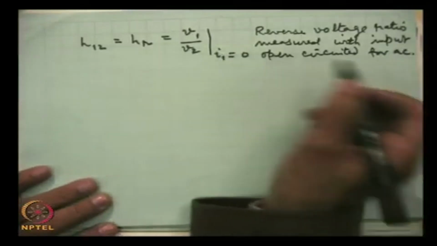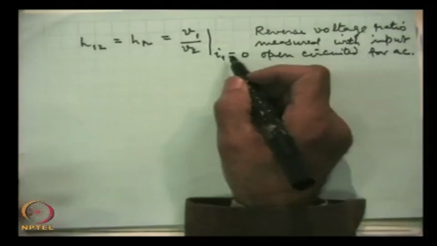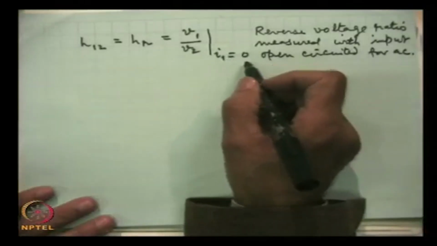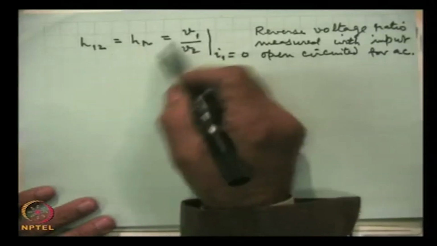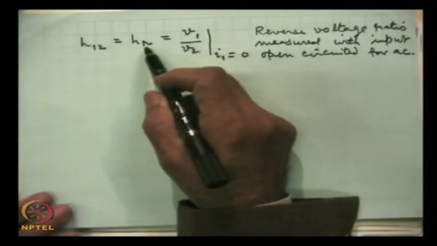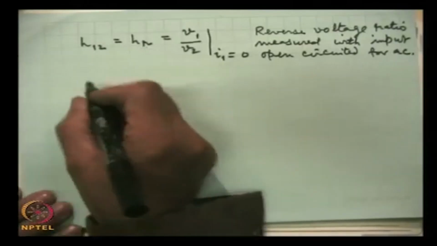In an open circuit the current is 0, so the input has to be open to measure this, and this is written as HR.